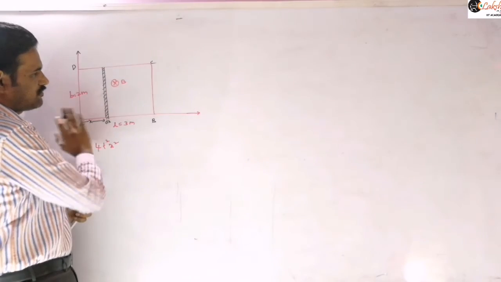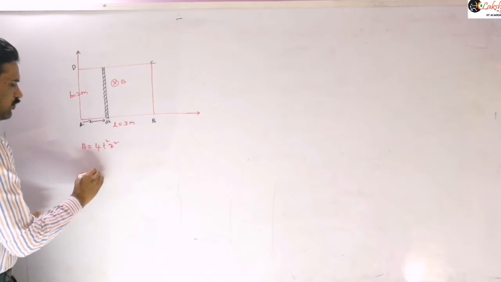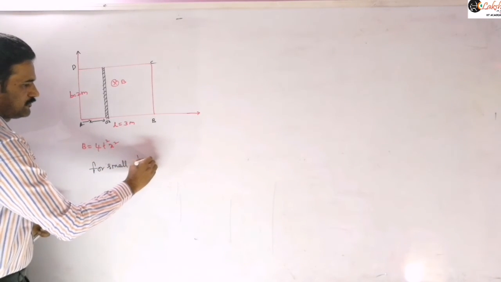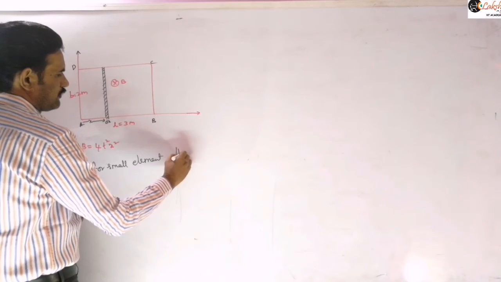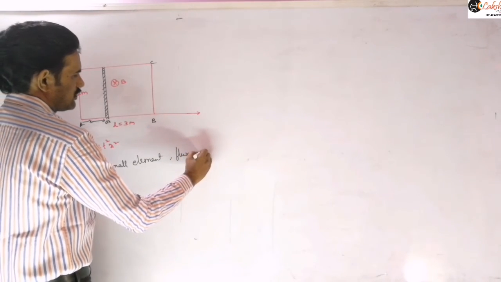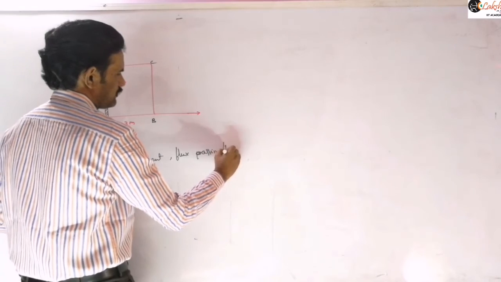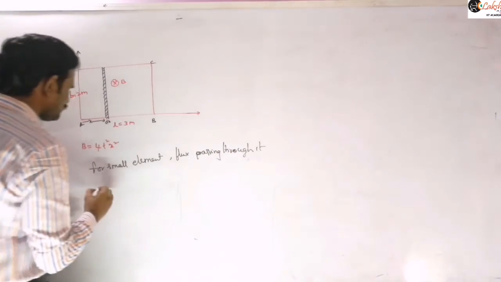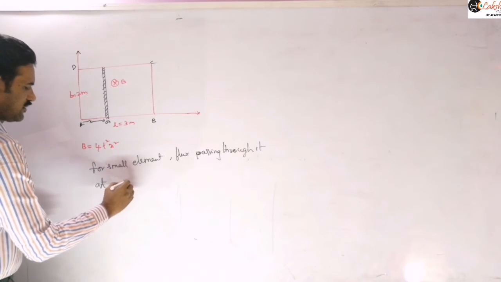At any instant of time t, we need to write the total flux passing through the loop. So for a small element, flux passing through it at any instant of time.